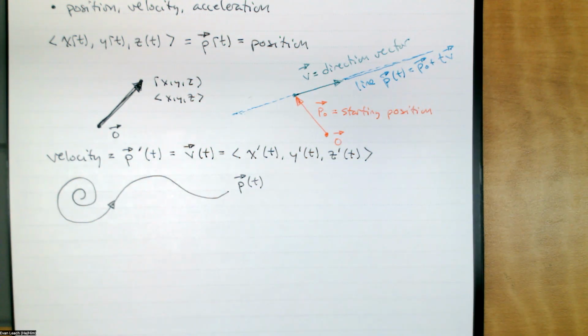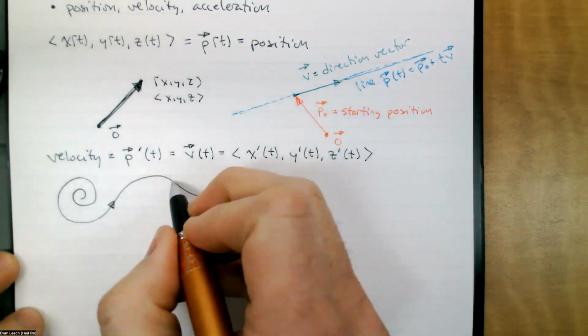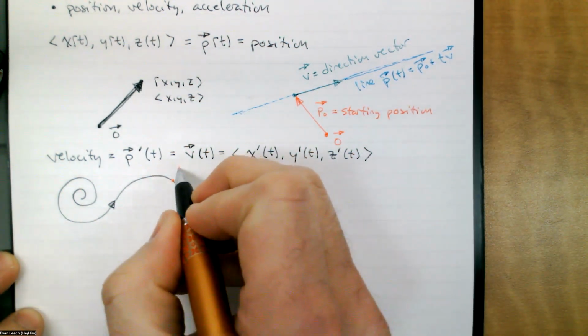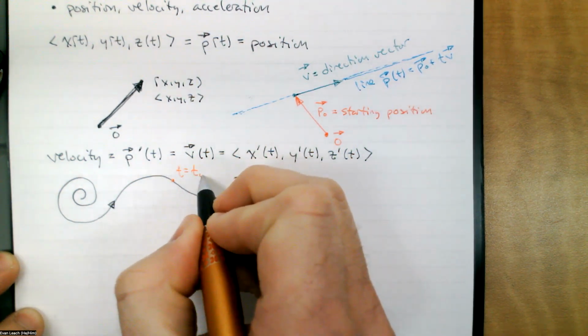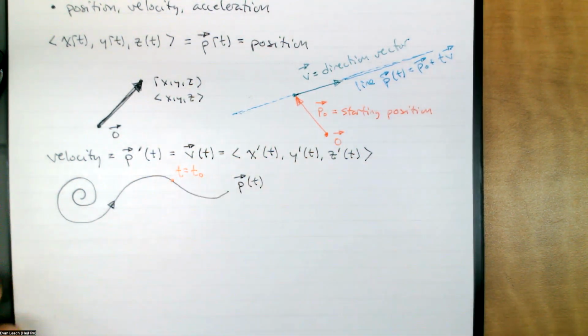So v of t is just going to be p prime of t. Just take the derivative of each of the three coordinates. So if I pick a point, let's say t naught, so this location is p of t naught.